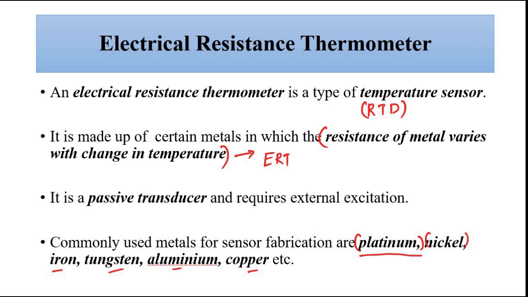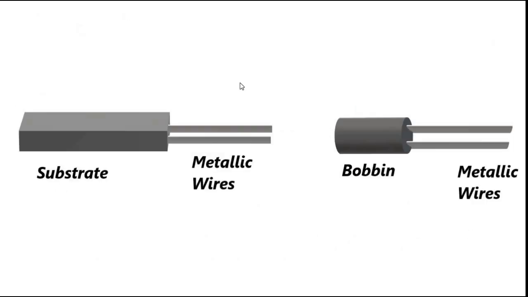The electrical resistance thermometer looks something like this. It comes in many designs, but these are the two simplest designs. In the first design, the substrate, a cubical kind of structure, has the metallic wires inserted into it, whatever metals are selected, platinum, aluminum, iron, tungsten, nickel, alloy, whatever it is.